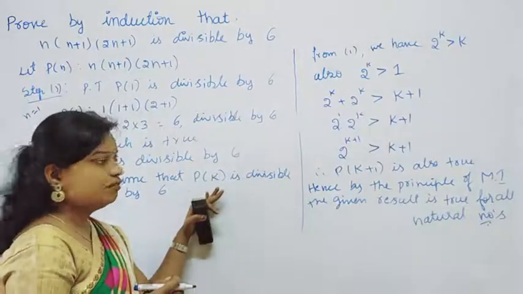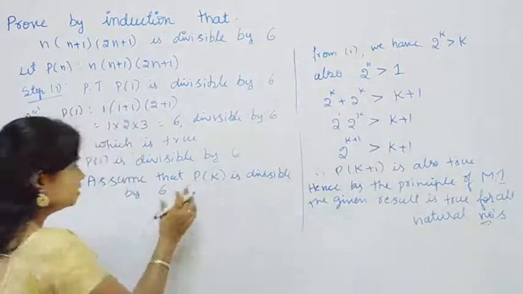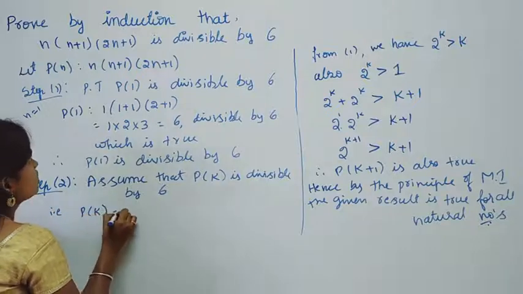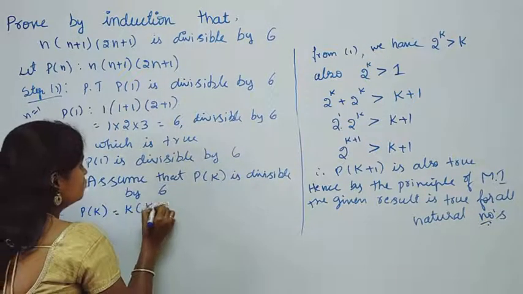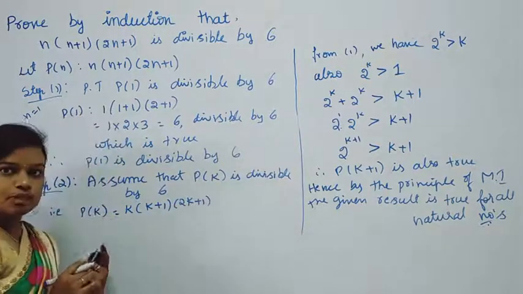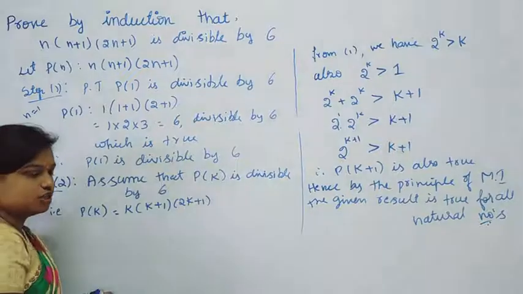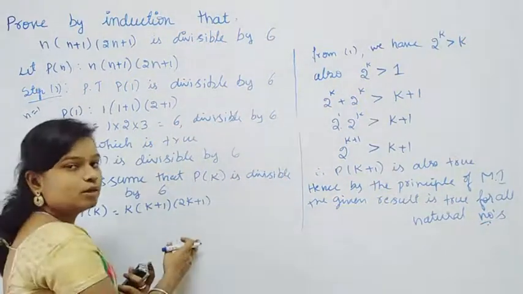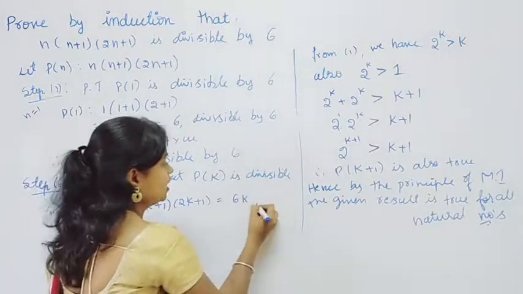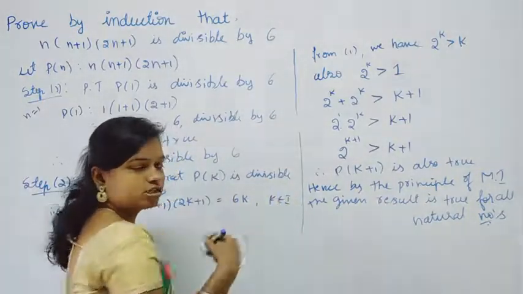So here we are assuming this statement, that is, P of k equals k into k plus 1 into 2k plus 1 is divisible by 6. We assume this condition. So if it is divisible by 6, it is nothing but some 6 into k, where k belongs to some integer or some natural numbers.